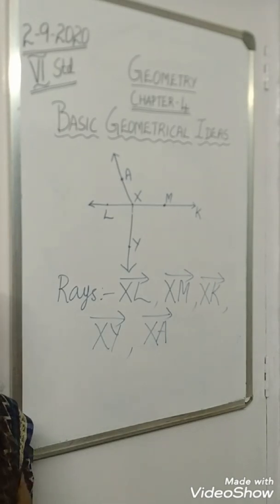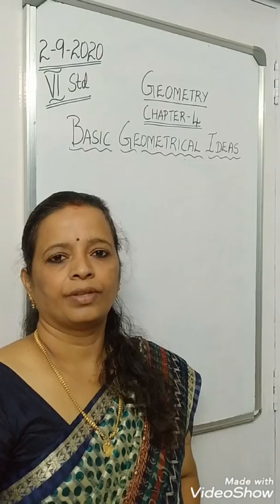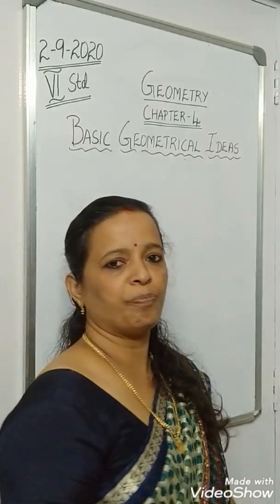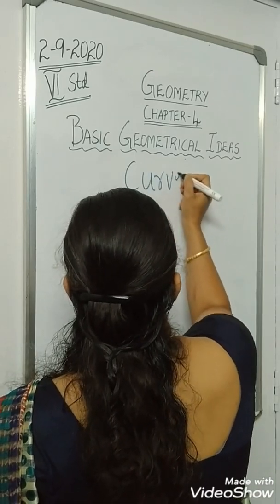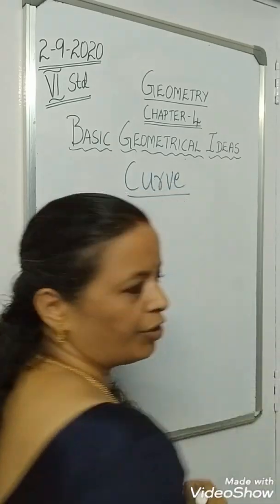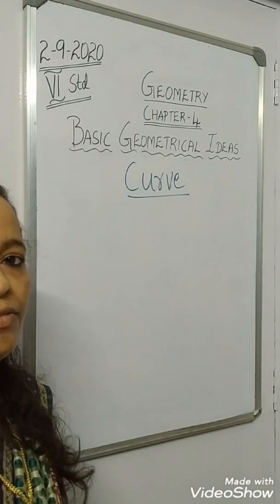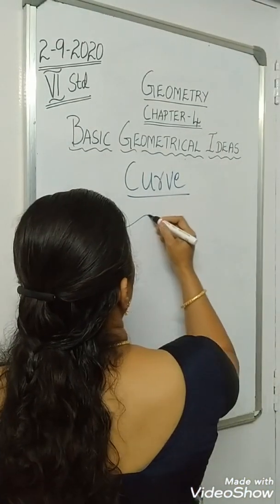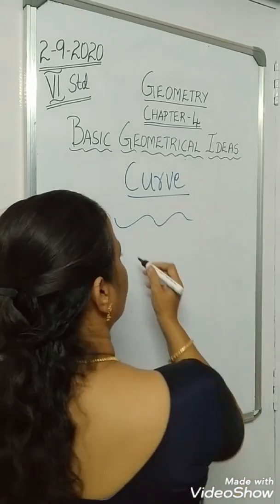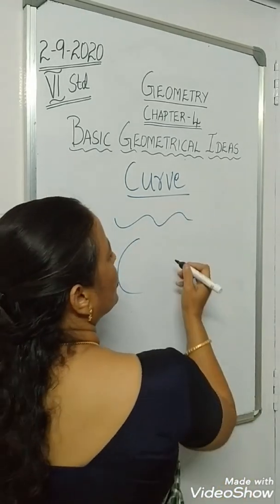This is the topic. Let us see the next topic, that is curve. What do you mean by curve? A curve is a line which is not straight. Is it or not? Now, this is a curve. Yes, this is a curve.